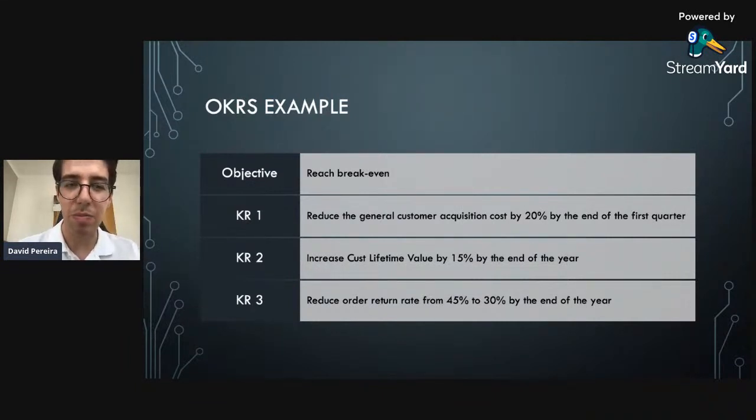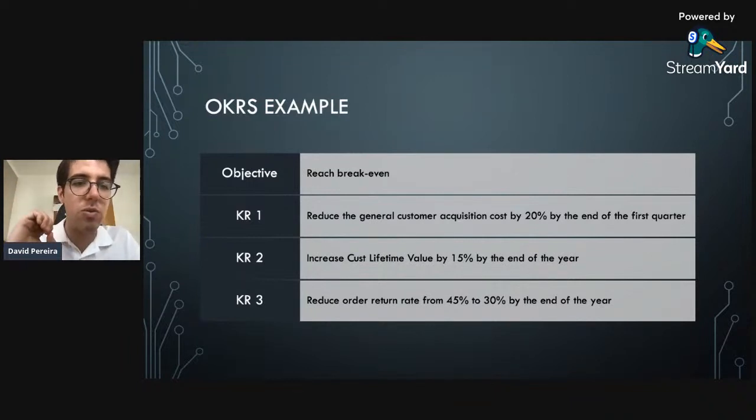I don't like secondary priorities. For me, it's one priority, one direction. If you have multiple, you don't have any. But we could agree on reaching break even by reducing customer acquisition costs. And then we said if we can increase customer lifetime value by 15% by the end of the year, that would also lead us there.